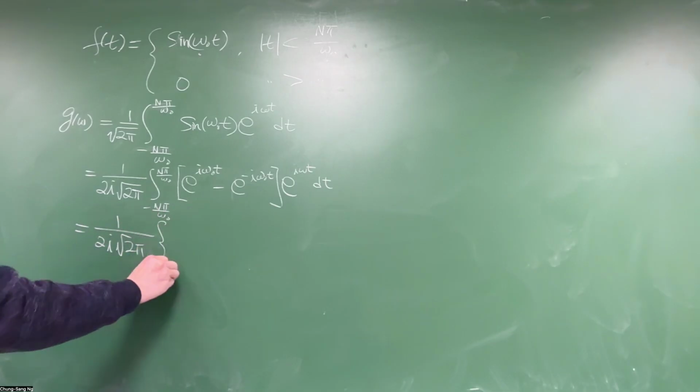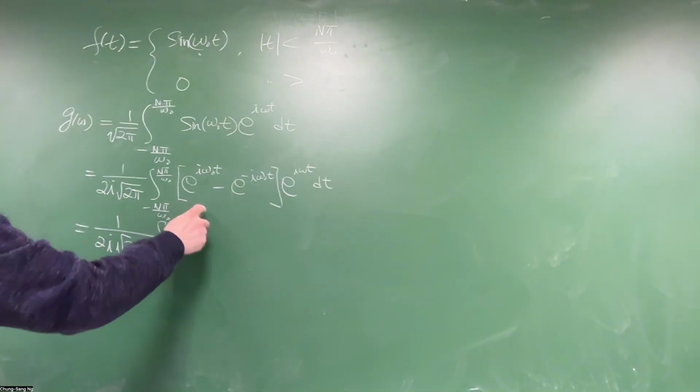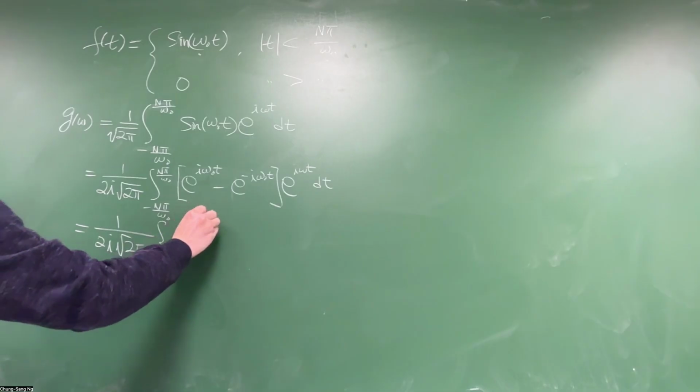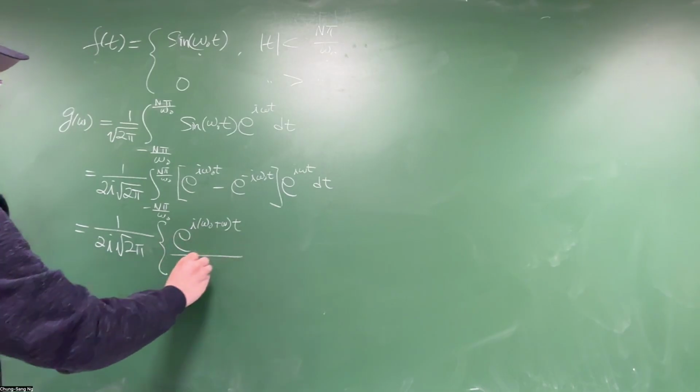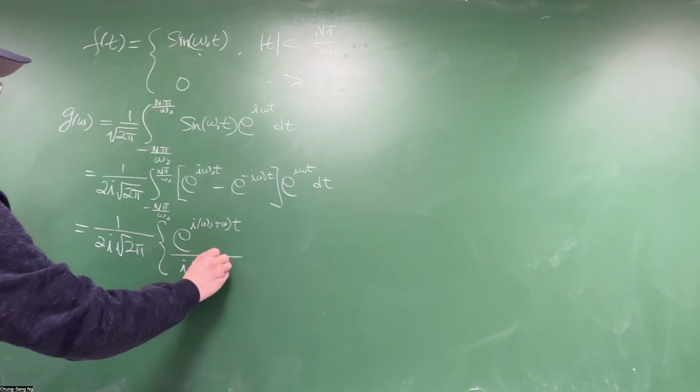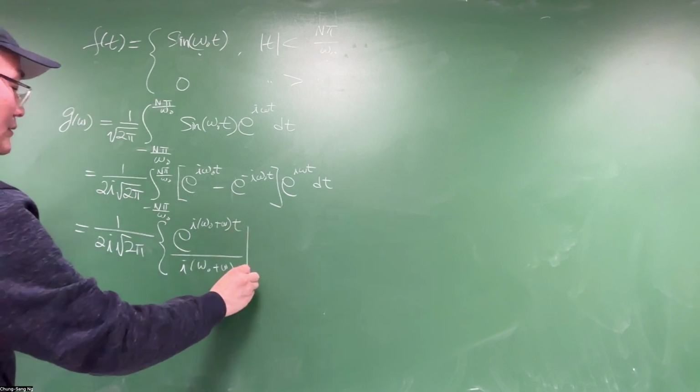So there will be two terms. One is this times that, and do the integration. You have e to the i times omega minus omega sub 0 t divided by i omega minus omega sub 0, and evaluate at the limit.